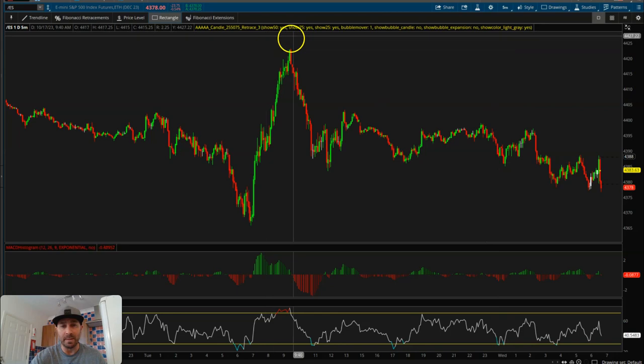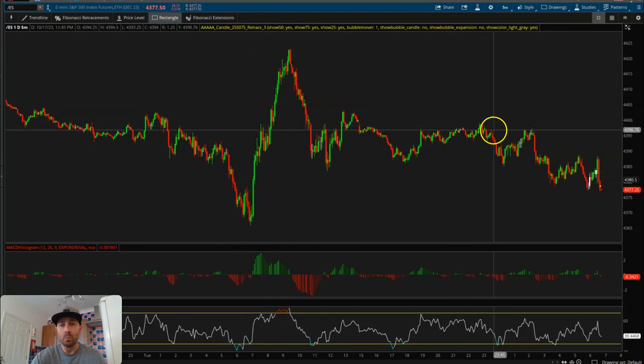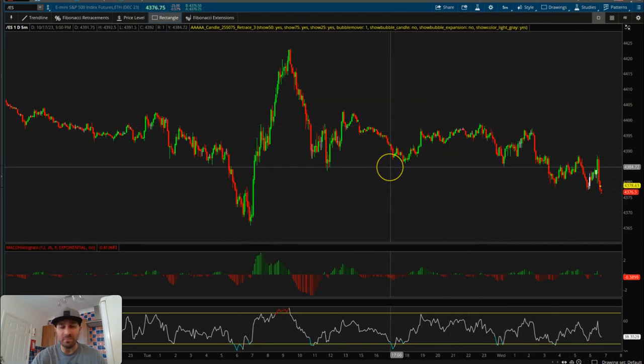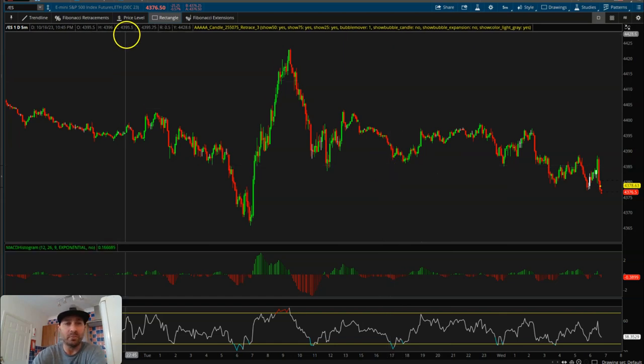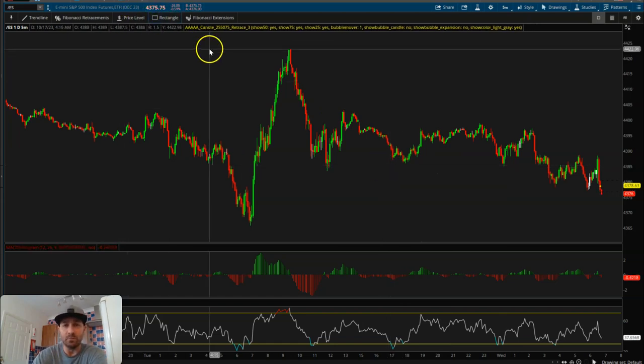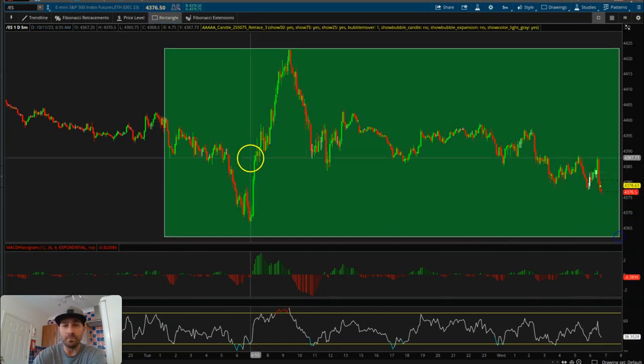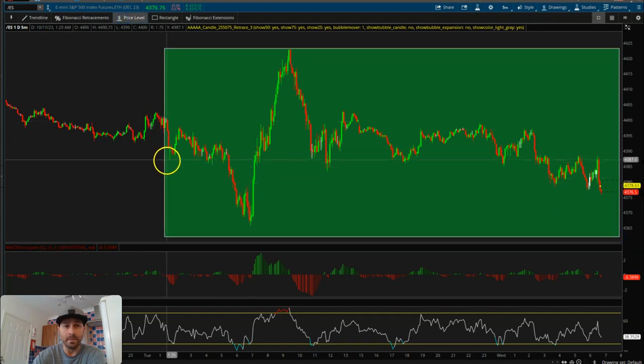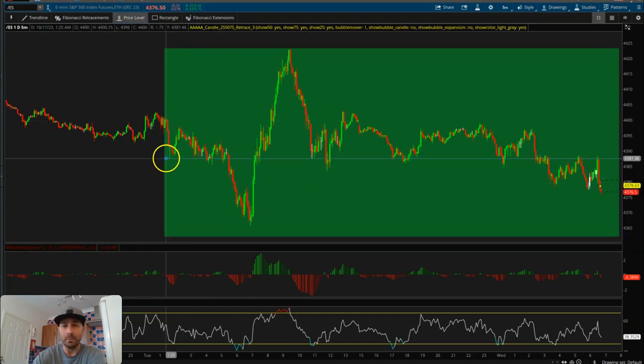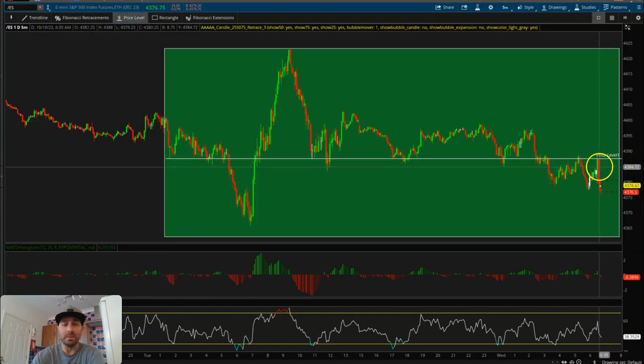We have a high and a low. We're in a downtrend, but we're just chopping around. If you took a big high to low and drew a line right in the middle of it, we're right around this level. So we're not at one extreme or the other.